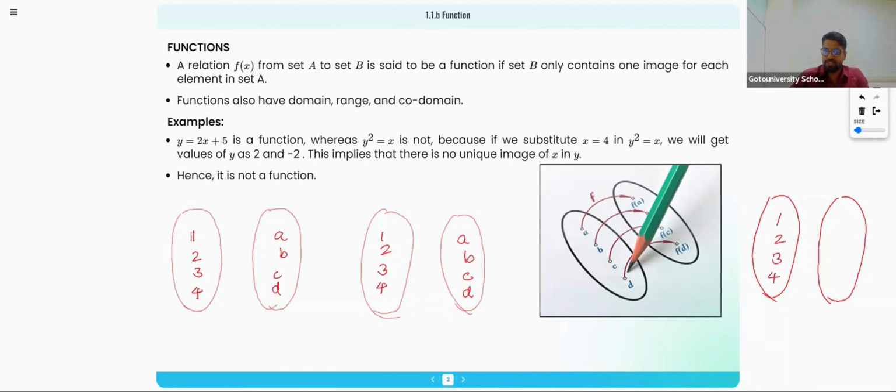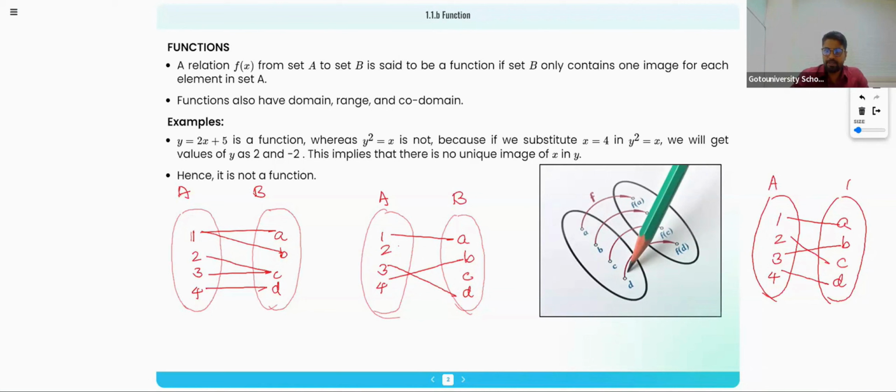Same elements. I'm not going to change the elements because it has nothing to do with the elements. It's about the way we map, right? So all this is A, B, this is A, this is B, this is A, this is B.